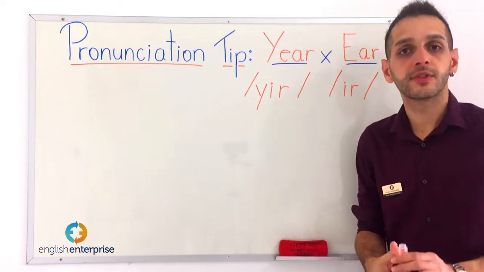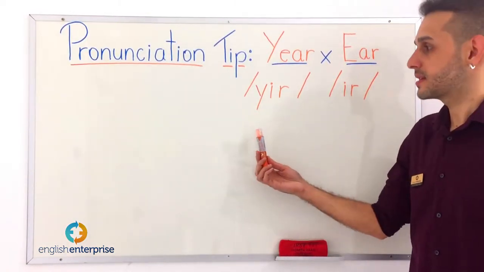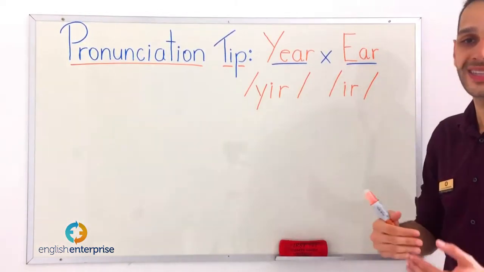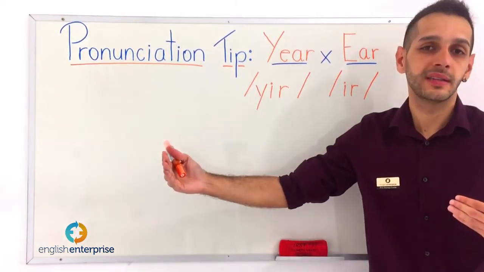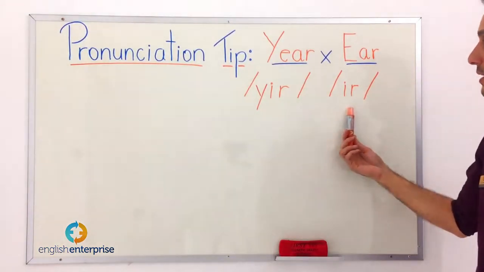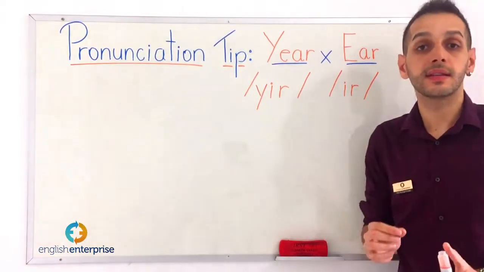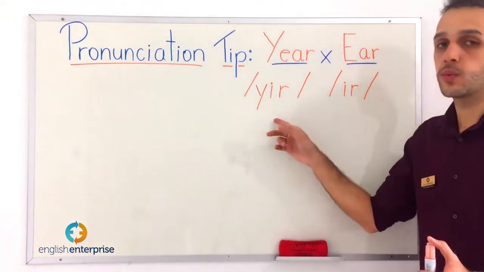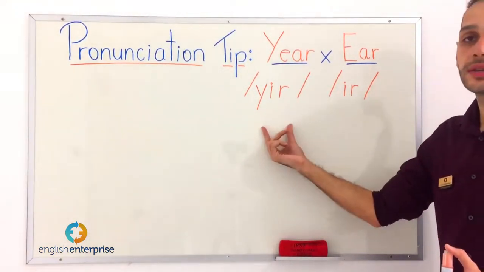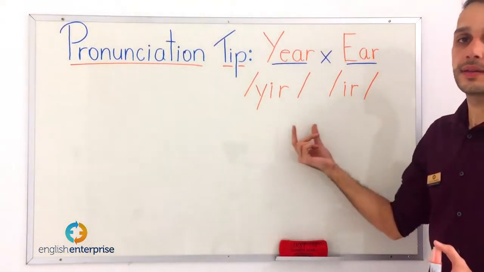So repeat after me. Year, year. You have this extra Y, which extends the word a little bit. So one more time. Year. And this one here, you don't have the letter Y, so the pronunciation is a little shorter than this one. So ear, ear. Year, ear.